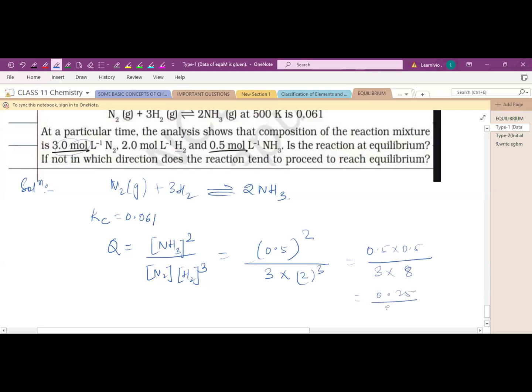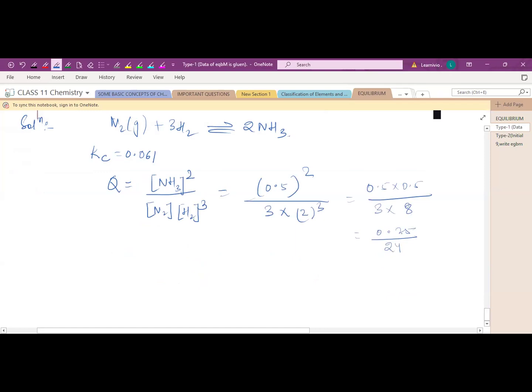8 threes are 24, so just 0.25 divided by 24. When you compute 0.25 upon 24, it gives an approximate value of 0.01.